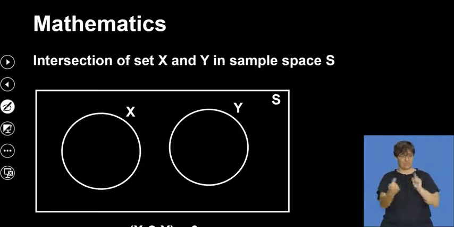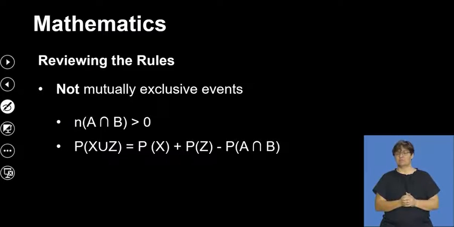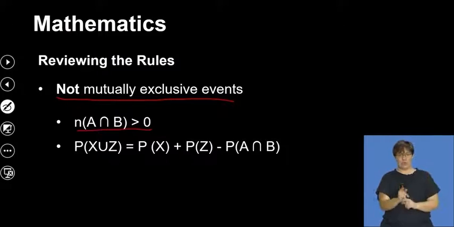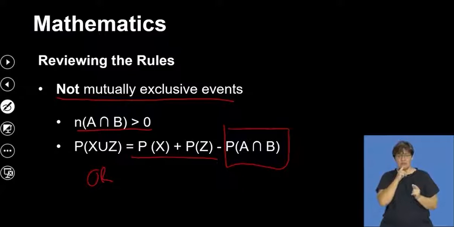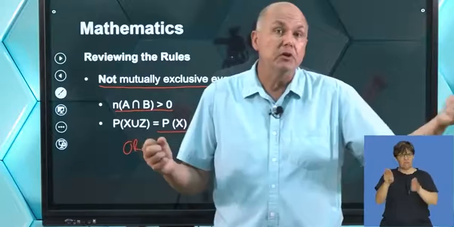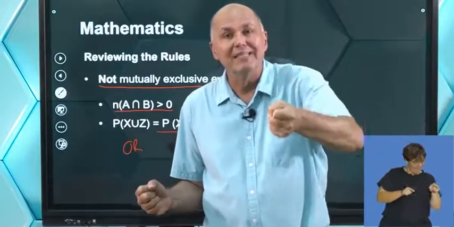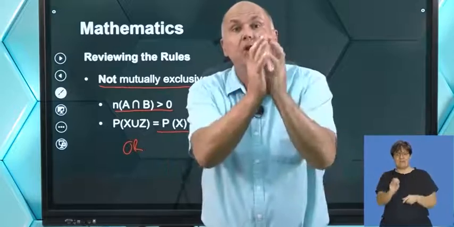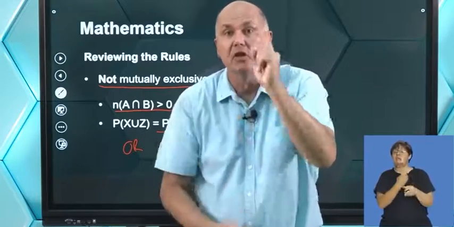But if we are going to deal with things that are not mutually exclusive, that means there's something in the intersection. Then the or rule is going to have an added part, and it's this: subtract the intersection. Now, why do we have to subtract the intersection? Well, because there's a contribution to the intersection from set X and from set Y, and yet we consider the intersection as only being one thing.